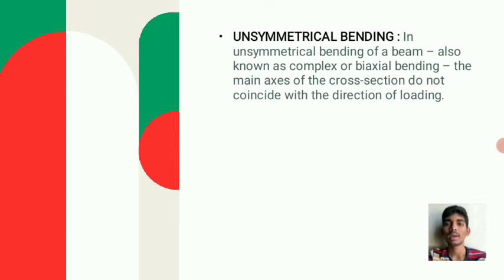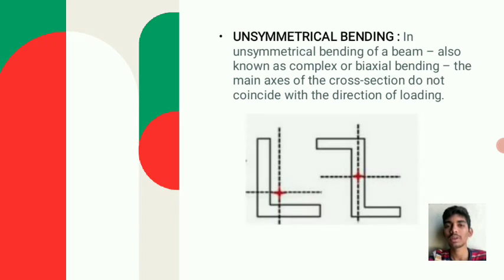In unsymmetrical bending of a beam, also known as complex or biaxial bending, the main axes of the cross section do not coincide with the direction of loading. From this figure, we can understand that the L section is not perfectly symmetrical, so it is considered unsymmetrical bending.